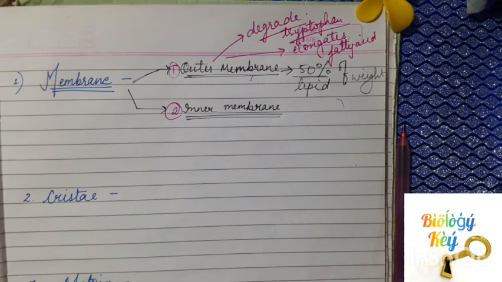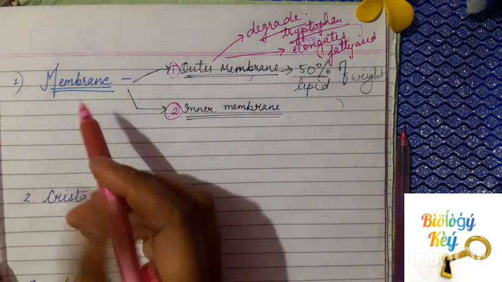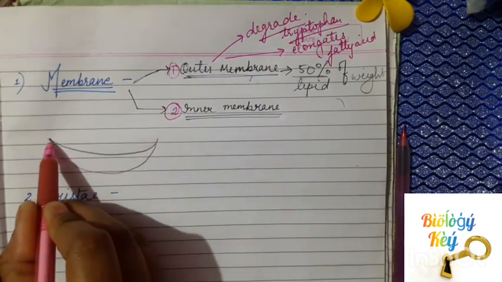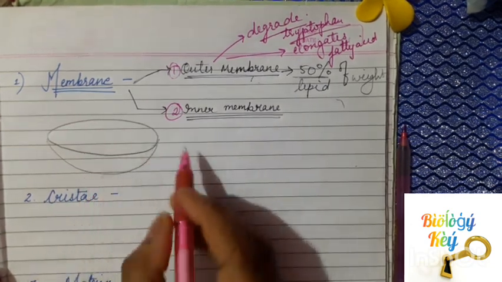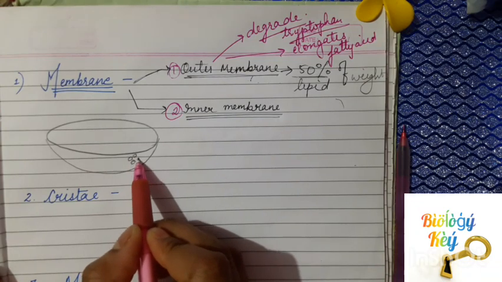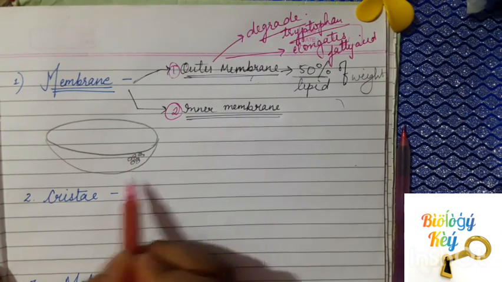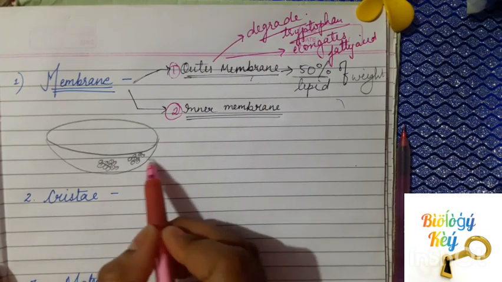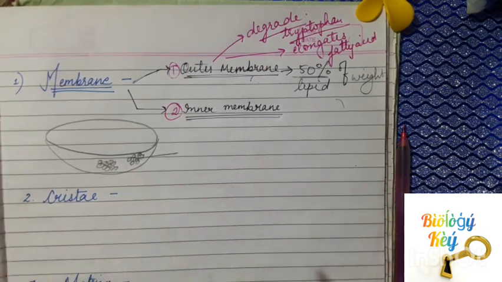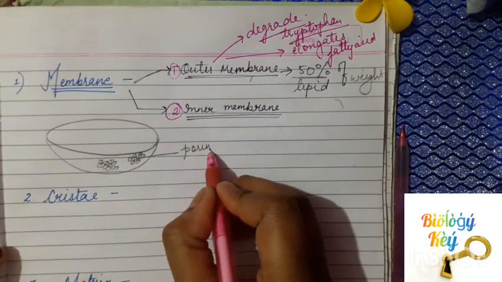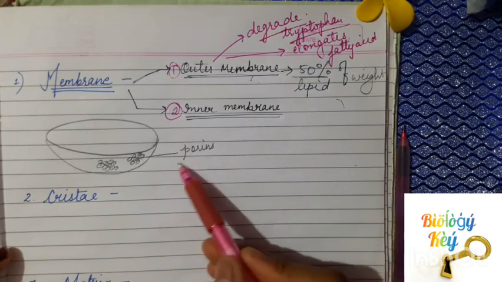Apart from this, there is one more thing. If you see the structure of the mitochondria and the outer membrane, it is something like this. This is the outer membrane. This outer membrane consists of groups of proteins. There are many places where there are groups of proteins. These groups of proteins come together to form porins. What is the role of this porin?